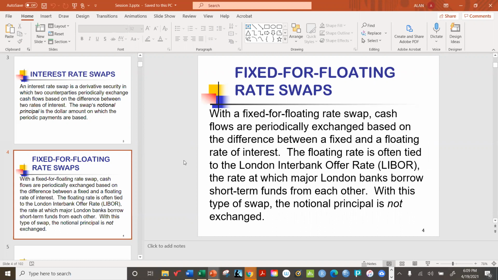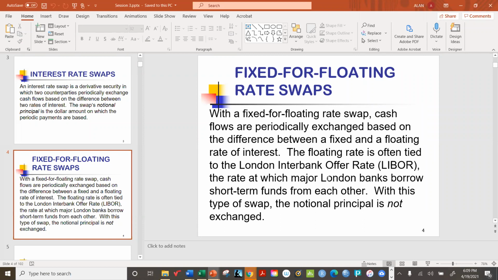Now, in principle, the LIBOR rate is supposed to be the rate at which the major London banks borrow short-term funds from each other. The way it usually worked, and they may have modified it since the scandal happened, but there were 16 London banks that were surveyed every day by the British Bankers Association, and they were asked, what rate are you charging for your deposits from 1 to 12 months?